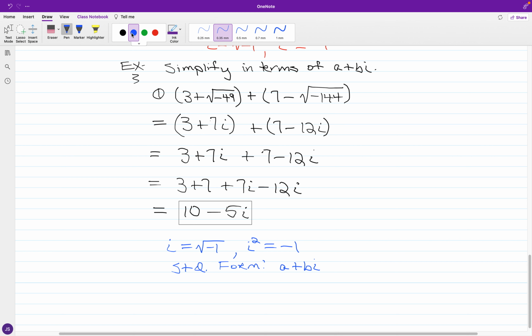And here's the rule of thumb, going back to working with single terms.